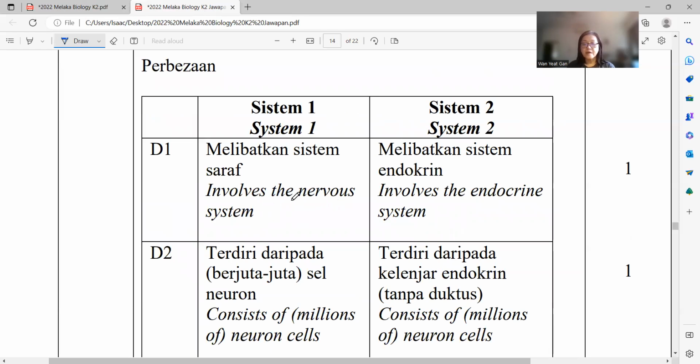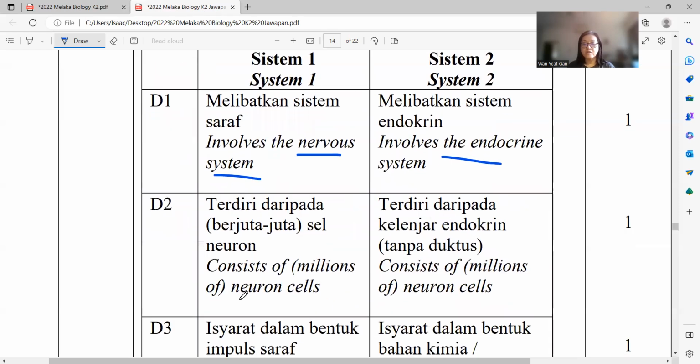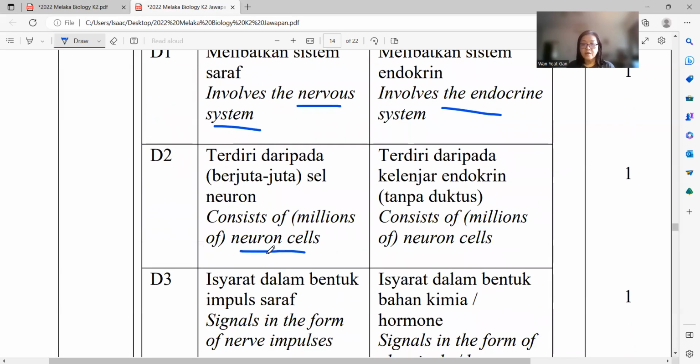The first difference: the nervous system consists of millions of neuron cells, whereas the endocrine system consists not of neuron cells but of glands.